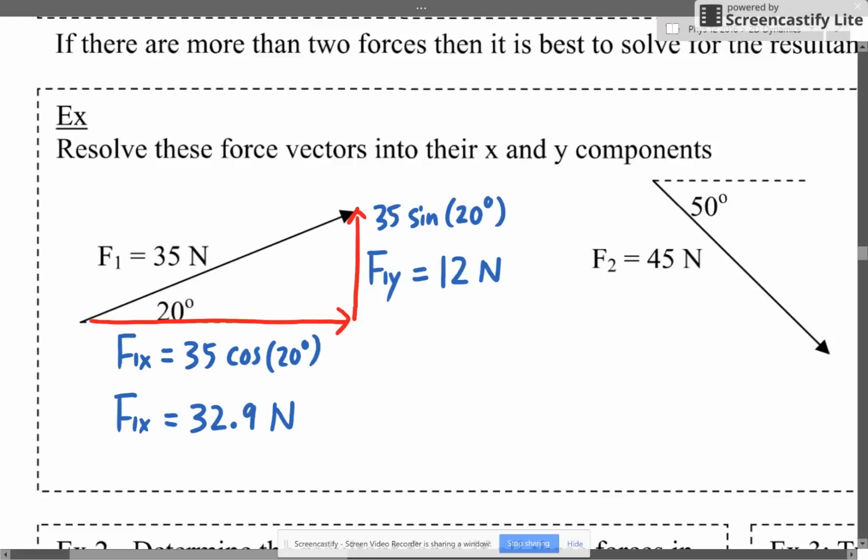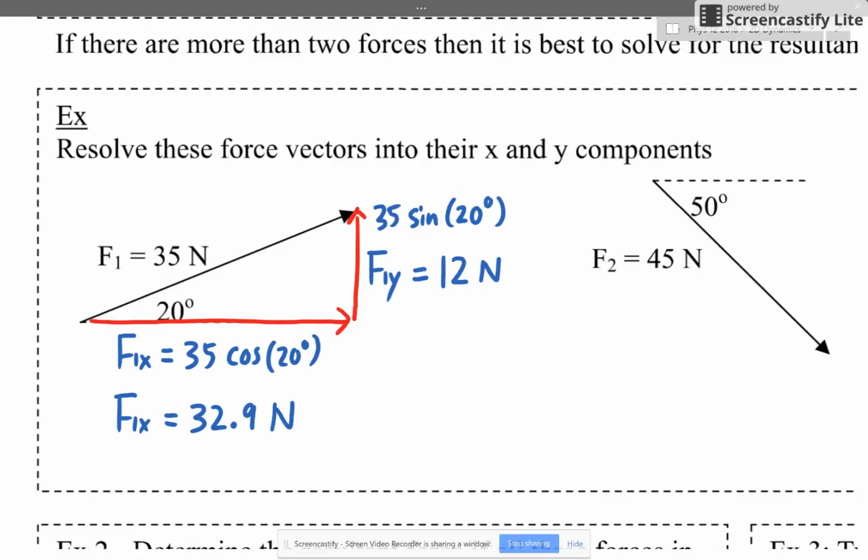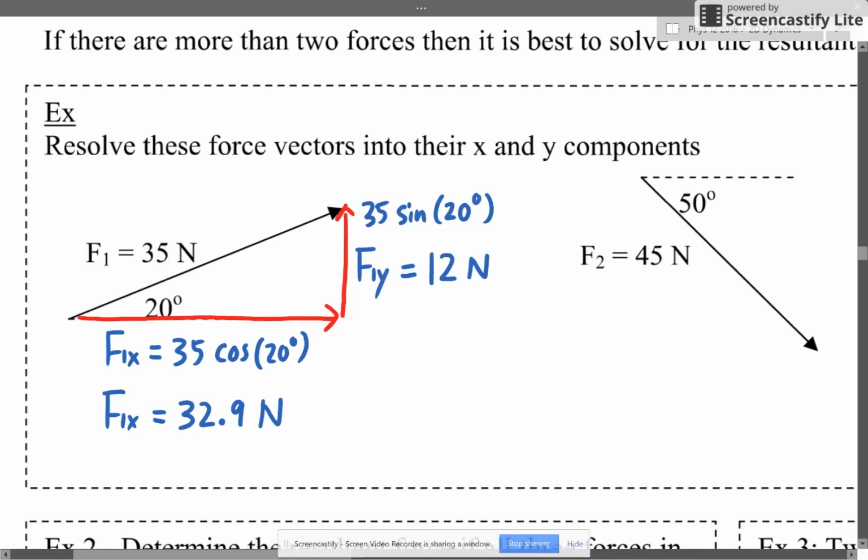Okay, so it's really easy to break them into components, just like how we did the components for, for example, final velocity or initial velocity in the last chapter. So to break the force into components, just do sine and cosine.